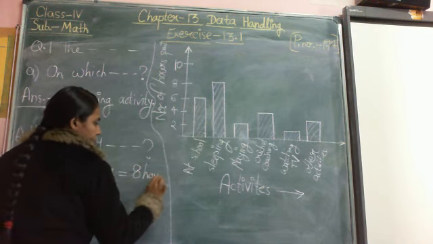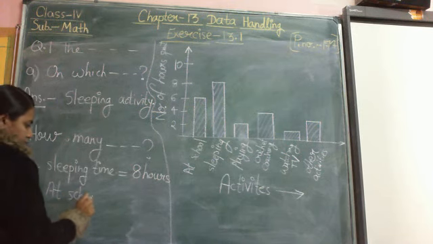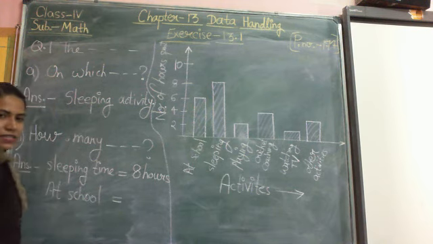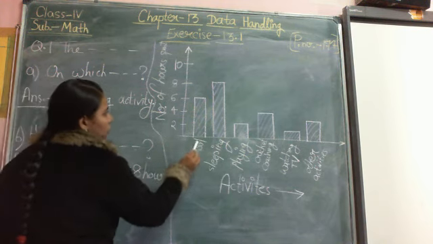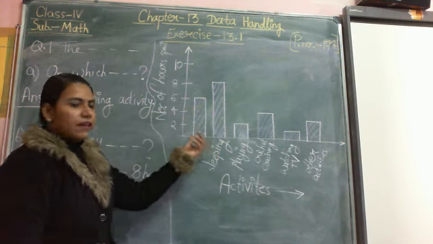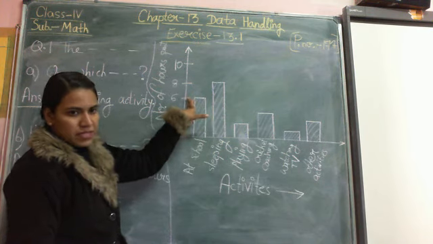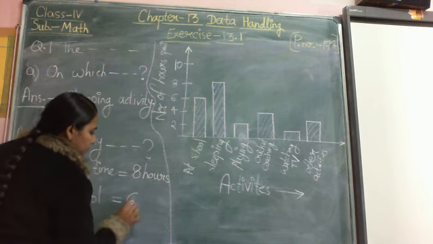And at school, how many hours did he spend? He spent 6 hours at school. By observation from the graph, the length of the bar at school is 6, meaning 6 hours.